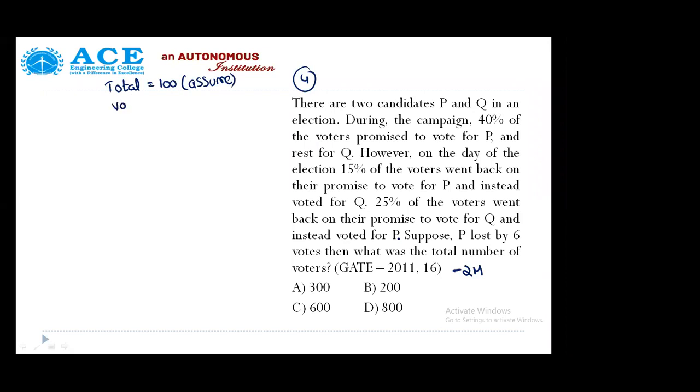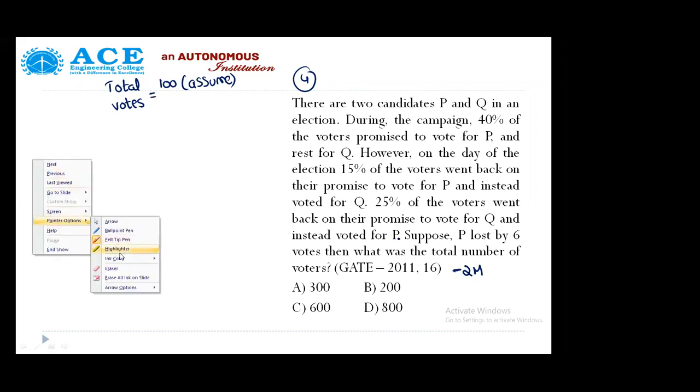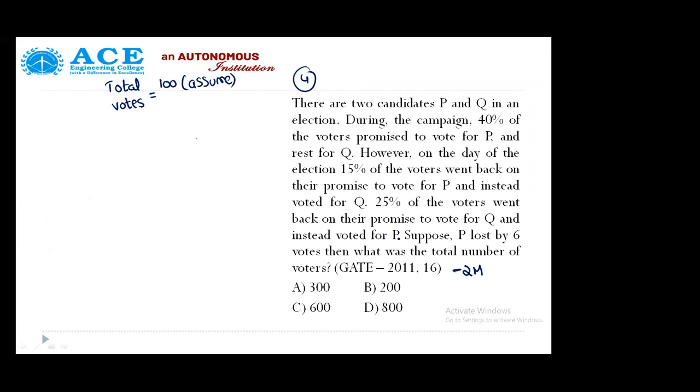Here, they mentioned that during the campaign, 40% of the voters promised to vote for P. During the campaign, you know, there is campaigning before going for elections. Now among 100, 40% means 40 people promised for P, whereas the rest for Q means 60 people are for Q.